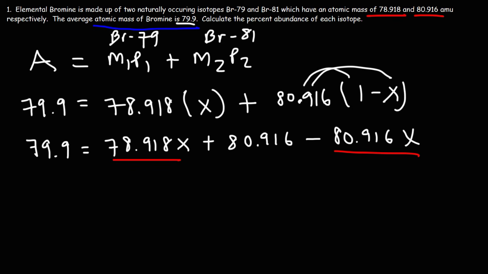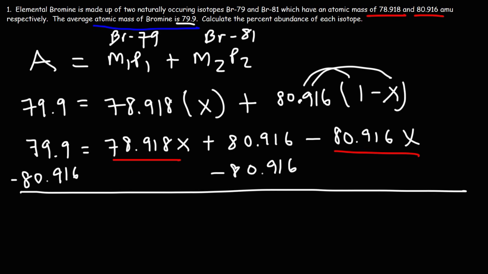And at the same time, let's subtract both sides by 80.916. So these two will cancel.